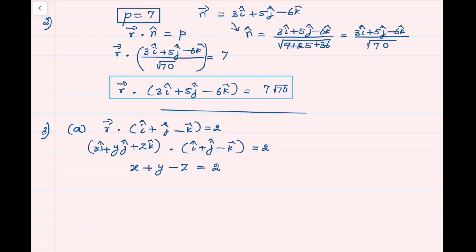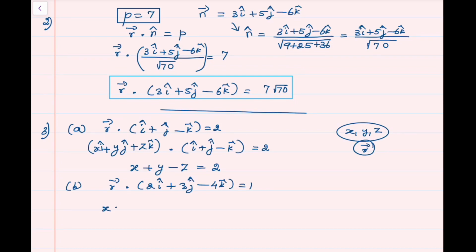Remember, in Cartesian equation of a plane, x, y, z are the variables, which is taken as vector r. Without x, y, z, we cannot write a Cartesian equation. Similarly, without vector r, we cannot write a vector equation of a plane. B subdivision, vector r dot 2i plus 3j minus 4k is equal to 1.